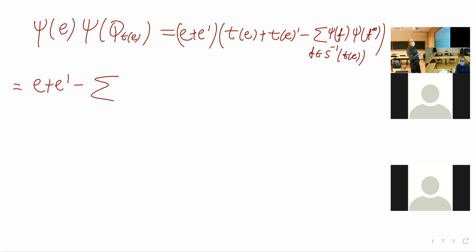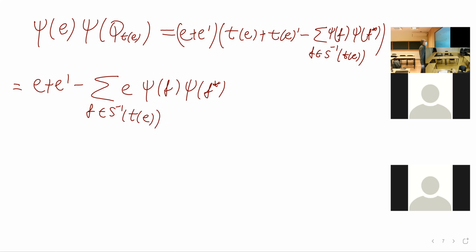So we have a sum of E psi F psi F star runs the pre-image of T. Now F is in the domain of psi, and psi goes from concave algebra, so this is in the graph D. Okay.